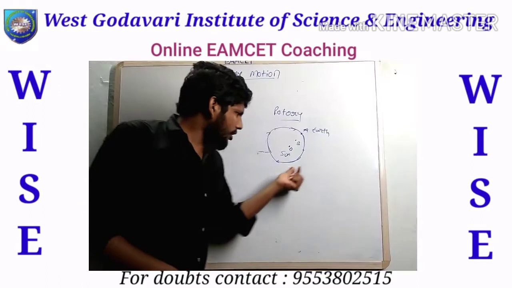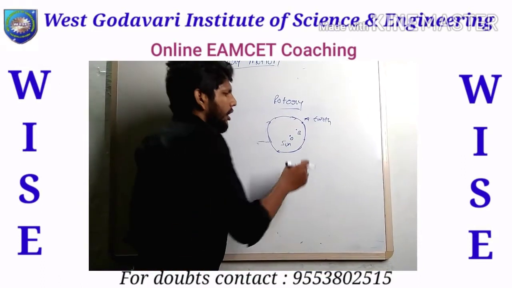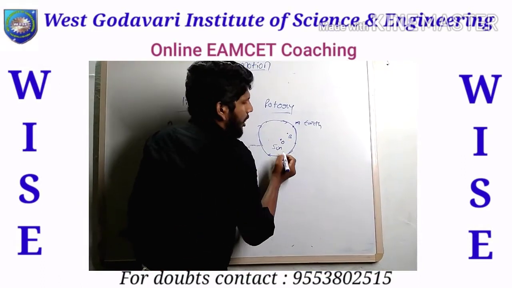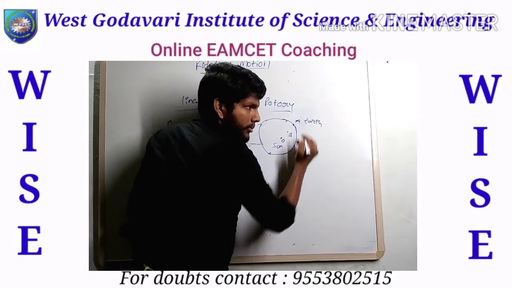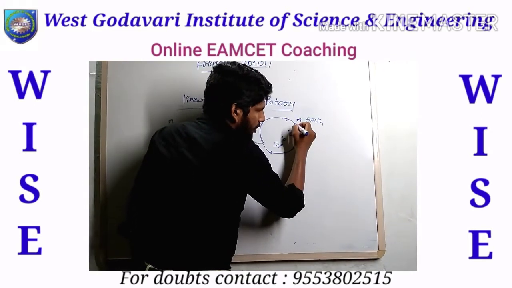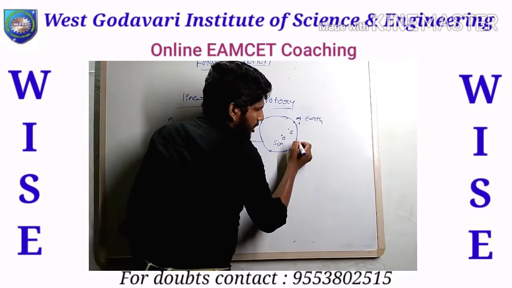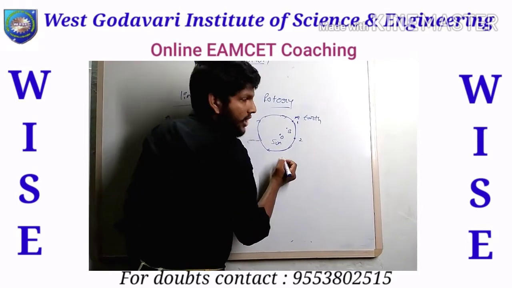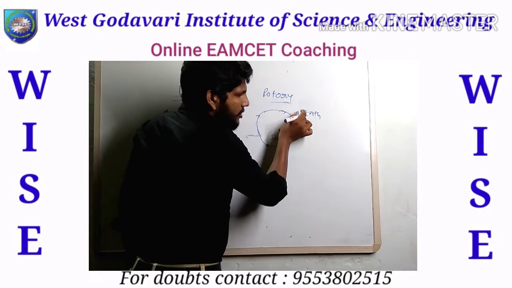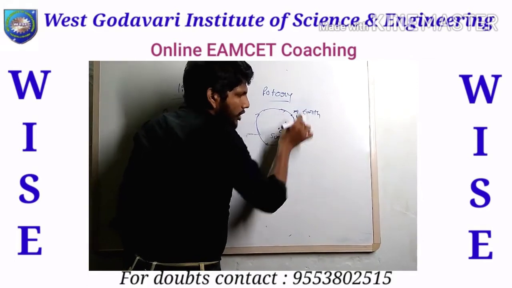A planet is going to rotate about this center point O. Consider the first place as 1 and the second place as 2. The particle A is rotating about O from 1 to 2.